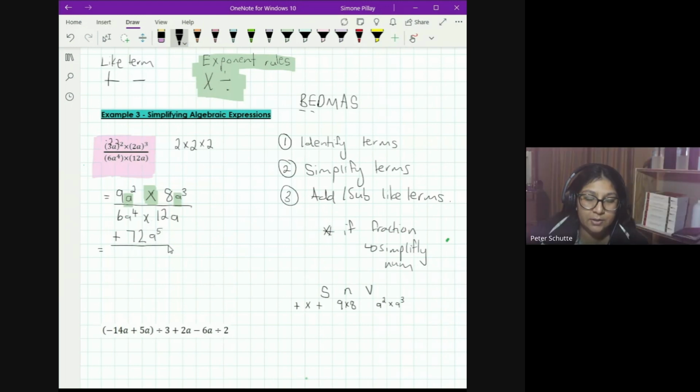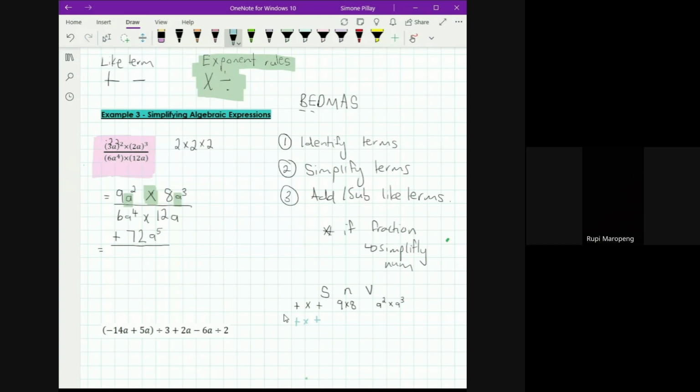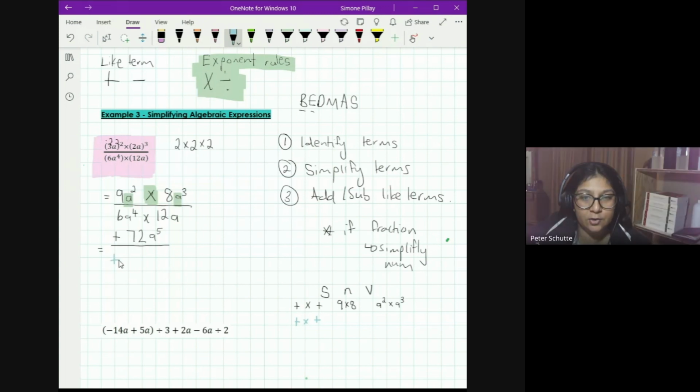And do the same thing for me now at the bottom. Let's apply SNV to 6a to the power of 4 multiplied by 12a. My signs are positive times a positive, which gives me what? A positive, 100%.